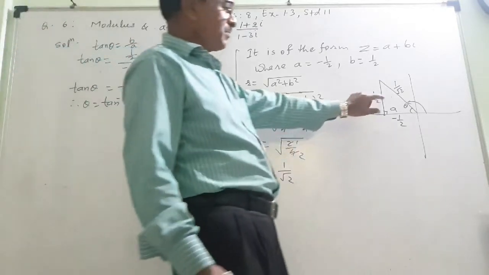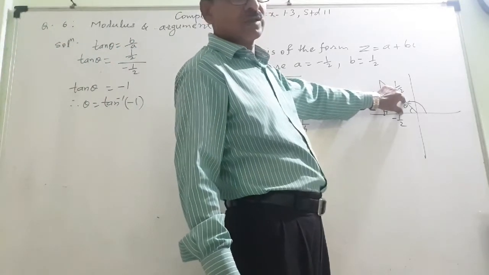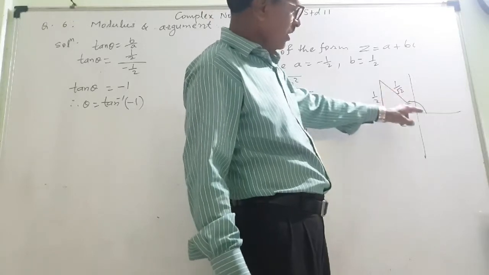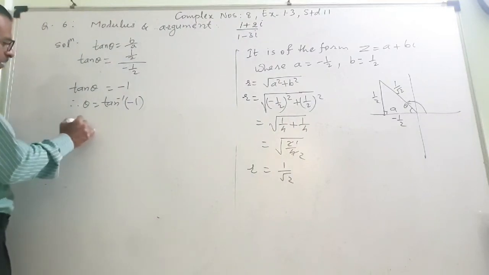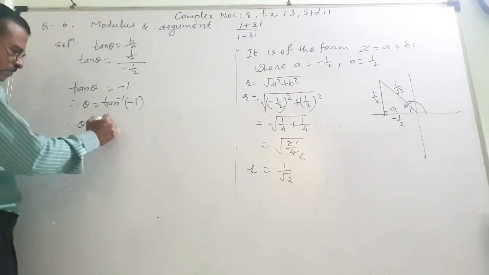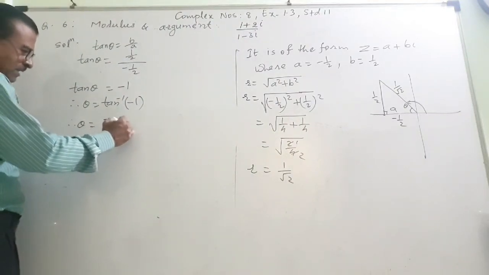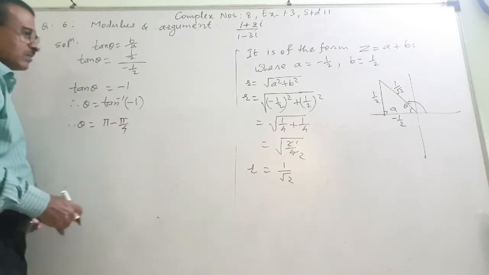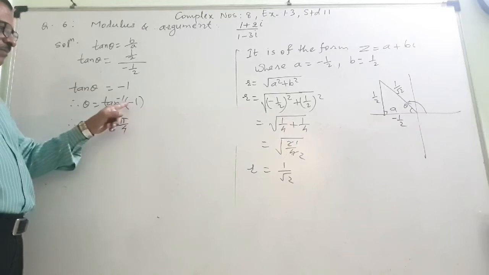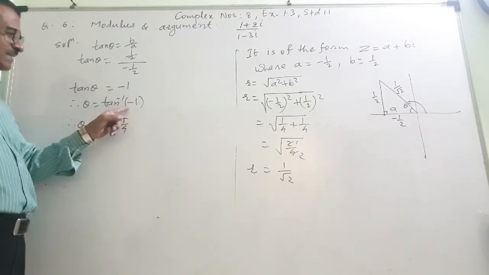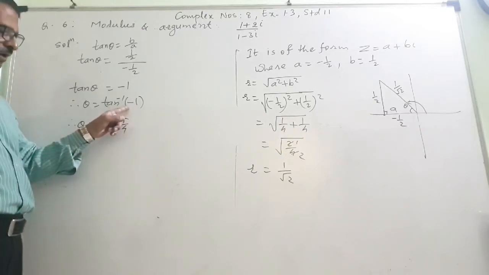Minus 1 means this is 45 degree. So this much is how much? Therefore theta is equal to pi minus pi by 4. Just check it: tan is 1, forget about the sign. It is in the second quadrant, that's why minus 1.